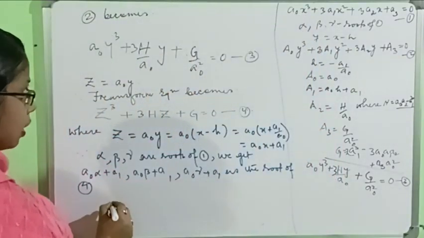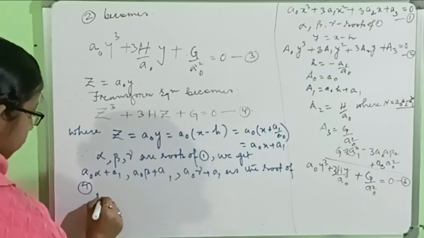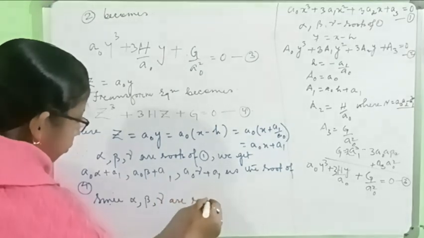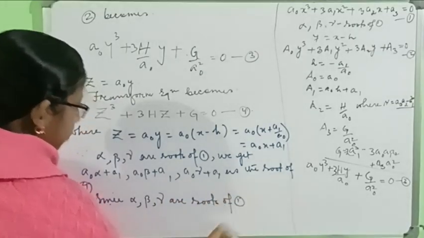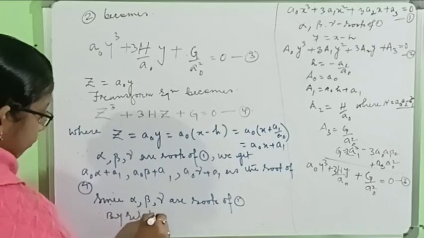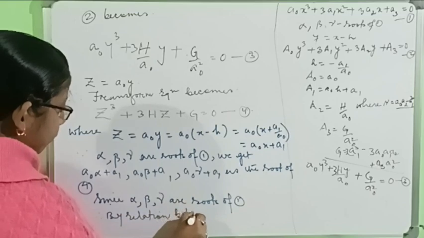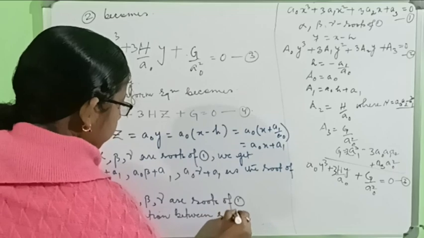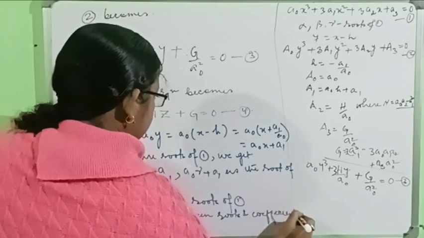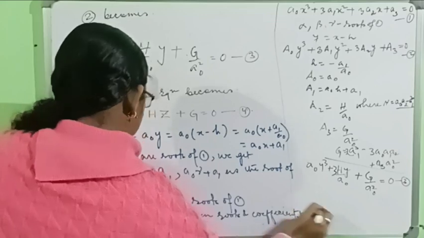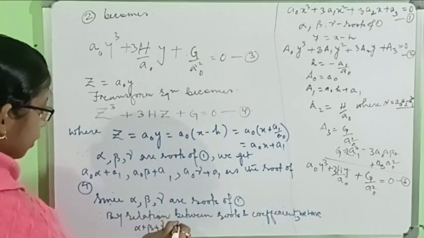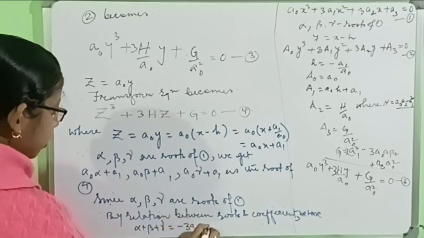By relations between roots and coefficients, since alpha, beta, gamma are roots of 1, we have alpha plus beta plus gamma is equal to minus 3a1 by a naught.